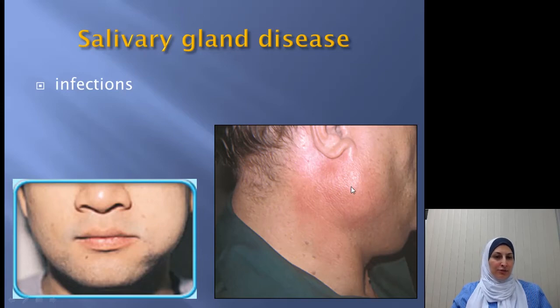So now we can say it's a parotitis or bacterial sialadenitis, because we can see the swelling and the red skin. However, at the initial stages, symptoms might not be clear and might be confused with dental pain.